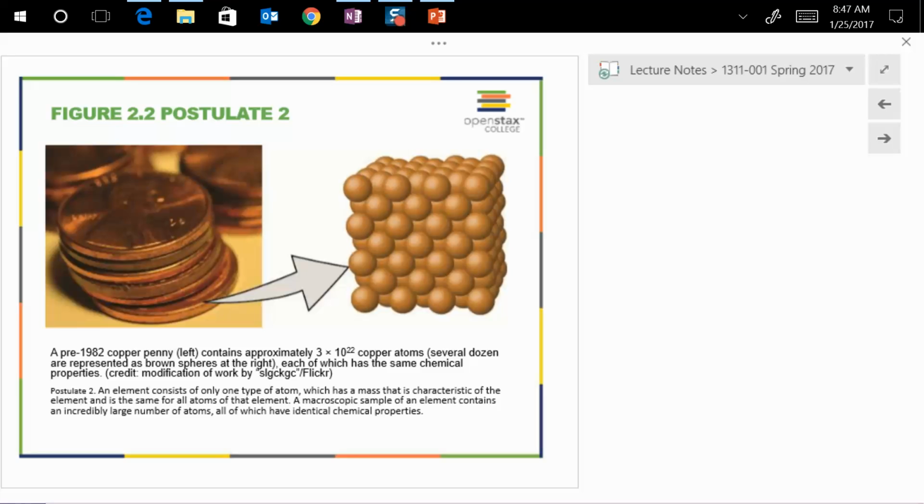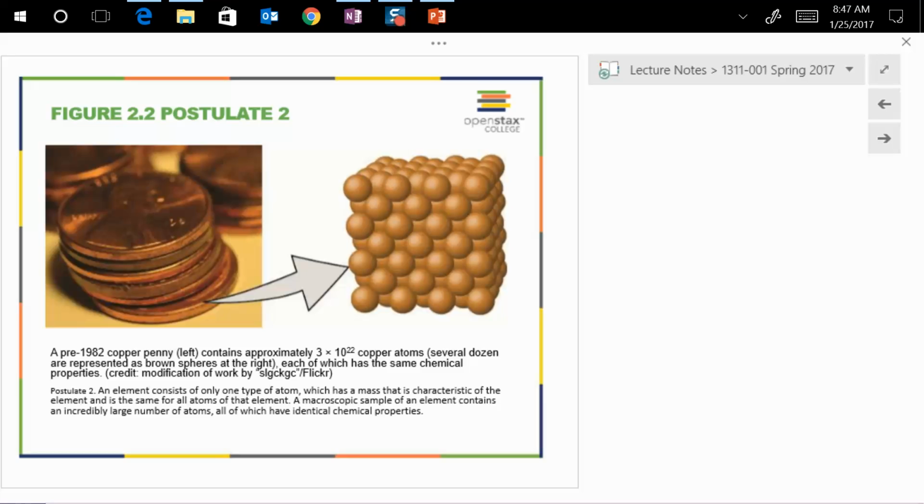Or if I go to Home Depot and get a copper pipe, that's copper metal, and all the atoms in there are copper. So he's postulating that matter is made up of these elements, and if you have a pure substance, it's made up of the same type of atom. These elements consist of only one type of atom, which has a mass that is characteristic of the element and is the same for all atoms of that element.